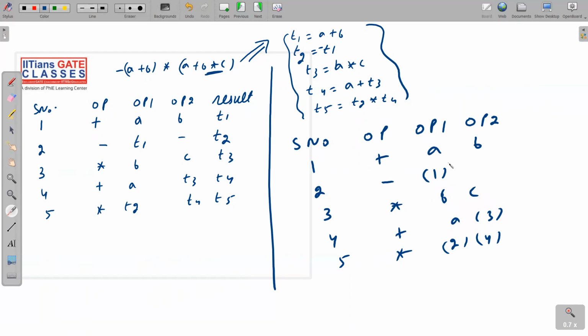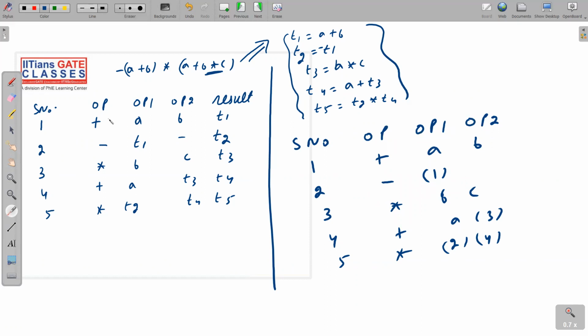So the basic disadvantage of triple is you have to execute this statement again and again. When I say minus 1, then you will come to 1 and you will execute it again. When I say 3, you will come to 3 and you will execute it. 2 means you will come to 2 and execute it. So again and again we have to do many things, but the only thing is space is saved.